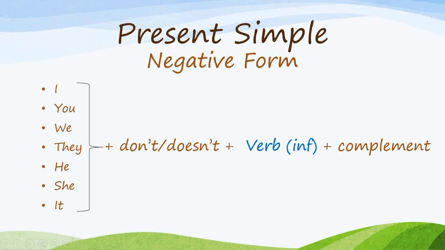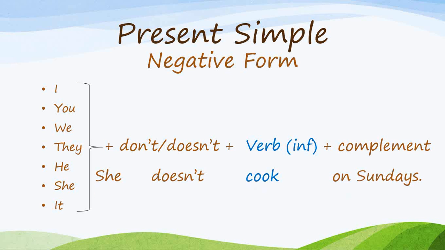How do we know if we have to use don't or doesn't? Doesn't is used with the third person of the singular, with he, she, or it. And don't is used with I, you, we, or they. Okay? That's the rule.